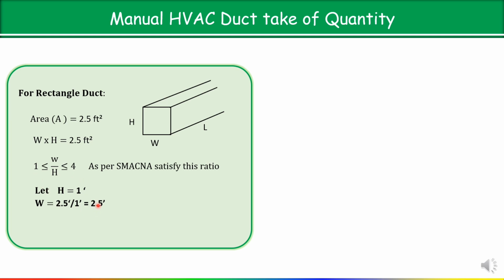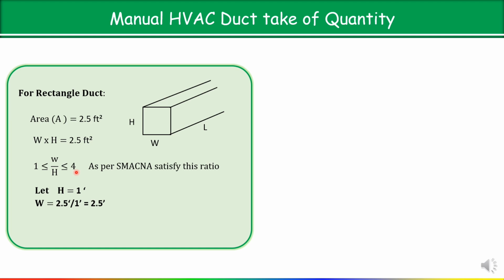Sometimes what happens is, if you assume a height of, let's say, 2 feet or any other height, and you substitute this height in this equation, you get a different width. When you calculate the ratio between width and height, if the ratio is more than 4, the duct size is not perfect.